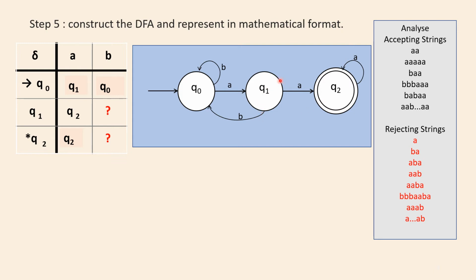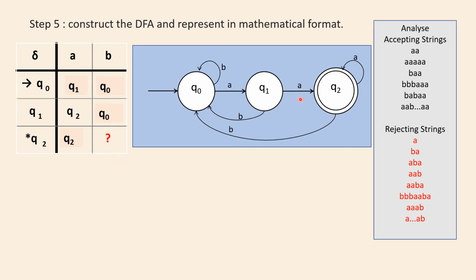So rather than looping B to Q1, which will not be the correct DFA construction, we can give back B to Q0. Now if I have A and then followed by n number of B's, at that time I can give back B to Q0.